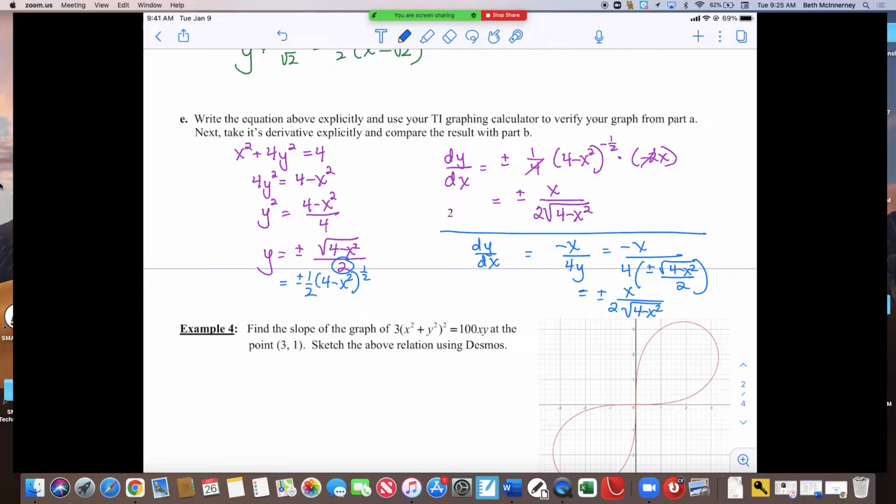So then when you bring down 1/2 times 1/2, that's where the 1/4 came from. I could have written that out. So this 2 is the 1/2. Then when I bring the power down, that's where the other 1/2 comes from to create the 1/4. Okay, great question. Any other questions?